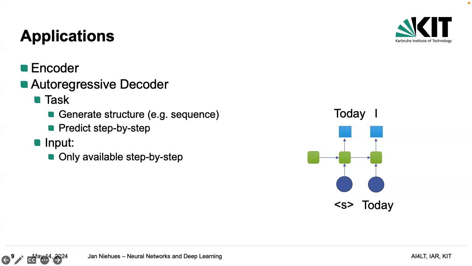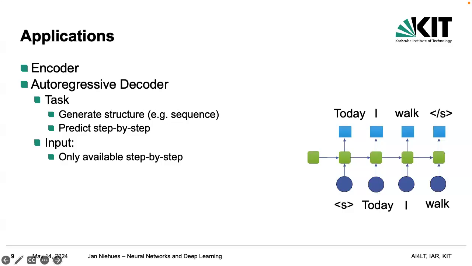It maybe says "I." And this way you generate step by step, always putting in the previous token. And then you stop when the system says, oh, this is the end, with some end-of-sentence token. So this is the type of decoder where these types of RNN models are often used to generate a token.